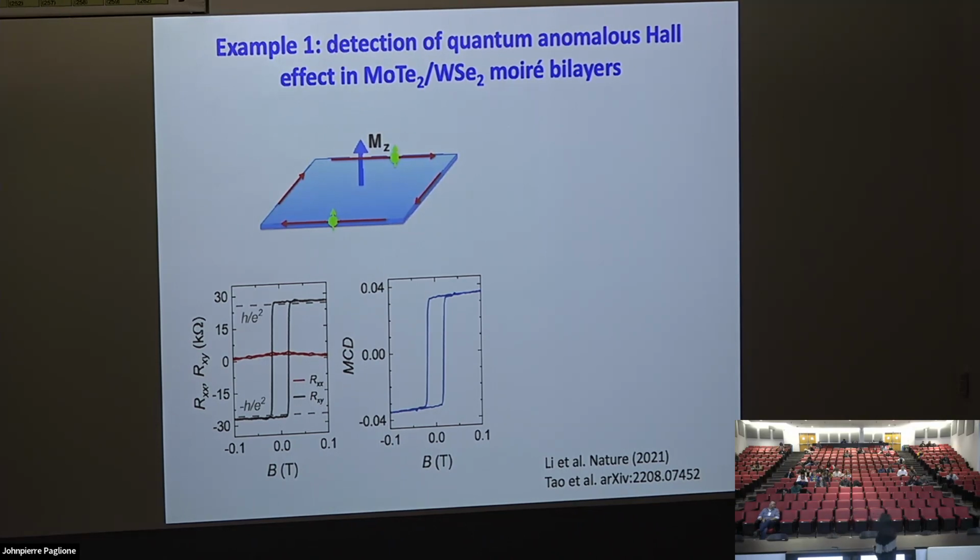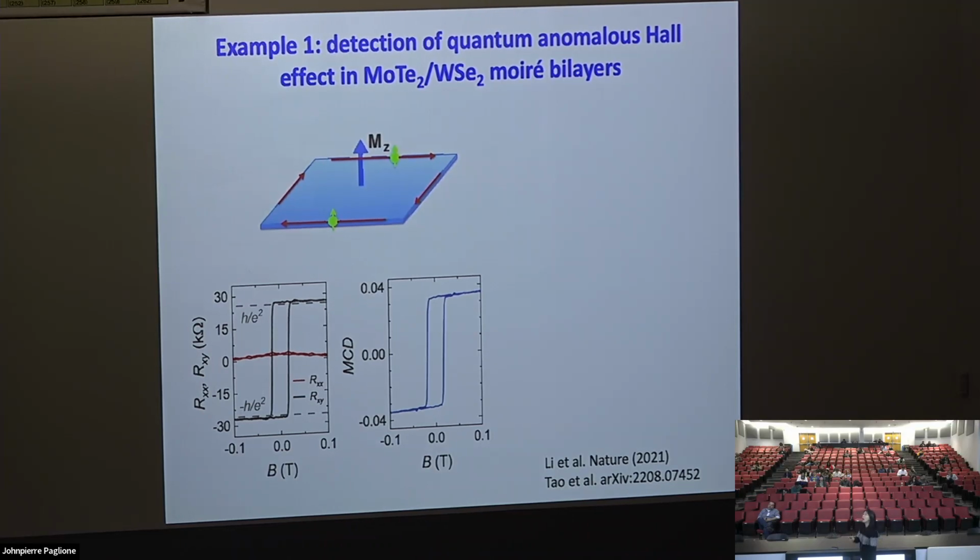You can do a transport measurement, of course, to probe this. This is a longitudinal and transverse resistance measurement as a function of magnetic field. The Hall resistance has this hysteresis loop, and at zero magnetic field it's non-zero, and the value is quantized at h/e².